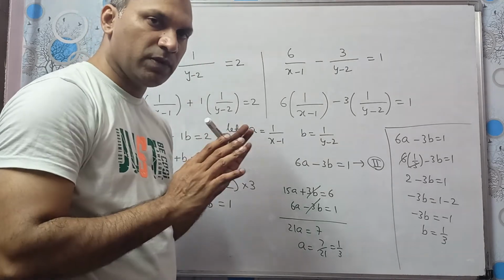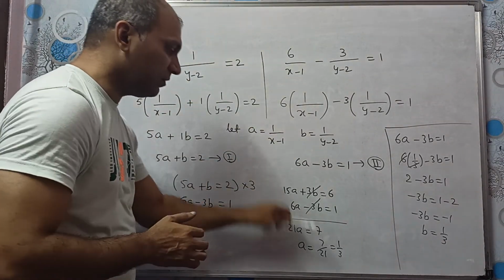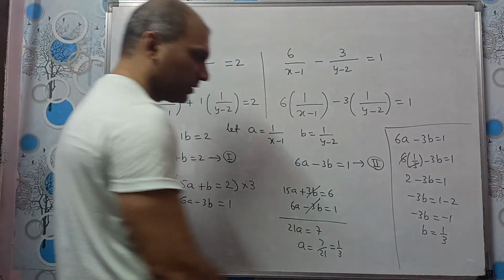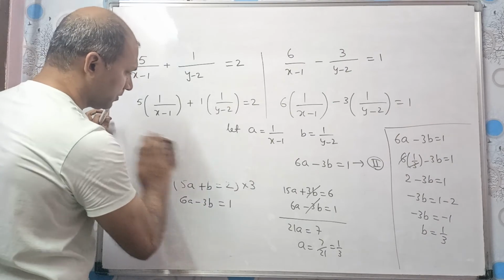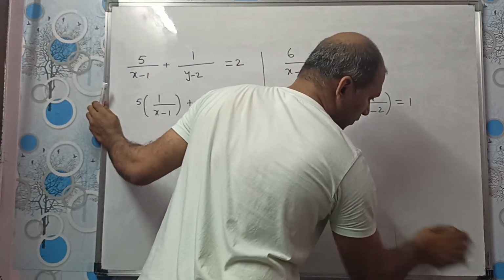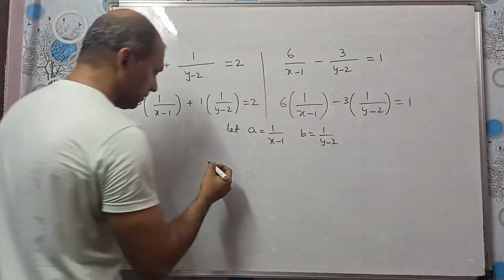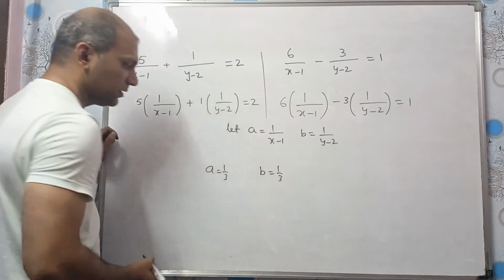Our problem did not end here. We should find the values of x and y. We found only a and b. a is 1 by 3 and b is also 1 by 3.